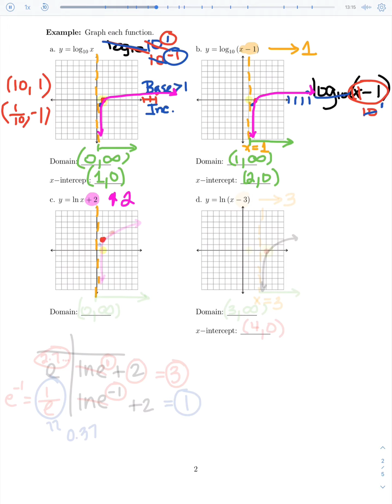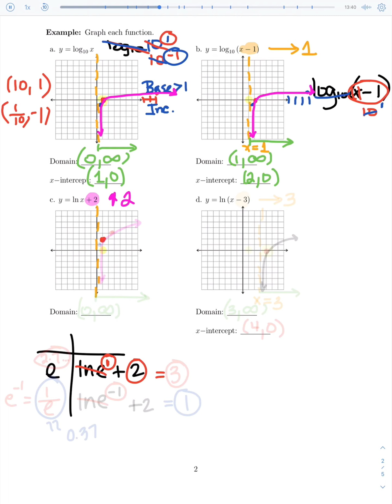So what's going to be the easiest is something like plugging in e. Why? Because the e would cancel out with ln. So let's figure out what happens when we plug in e. If you plug in e, we've got ln of e plus 2. Remember the e is to the first, so when the ln and e cancel out, we'll have 1.